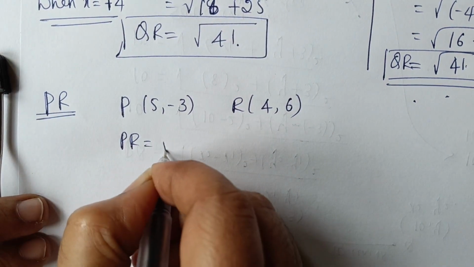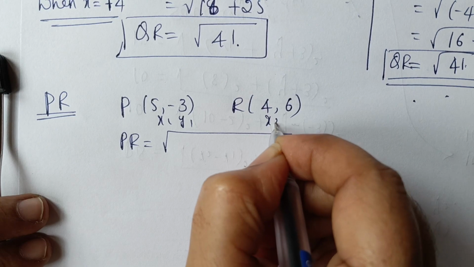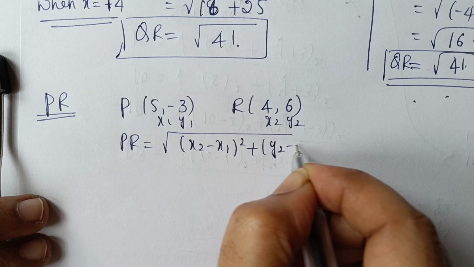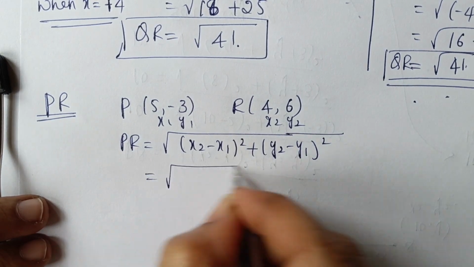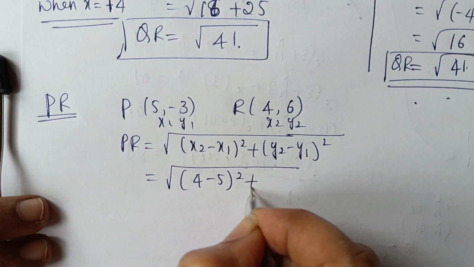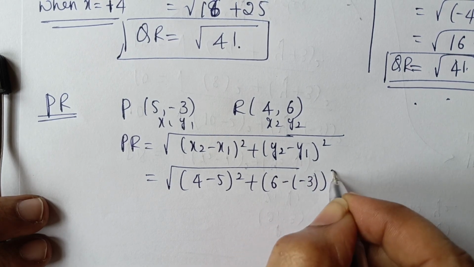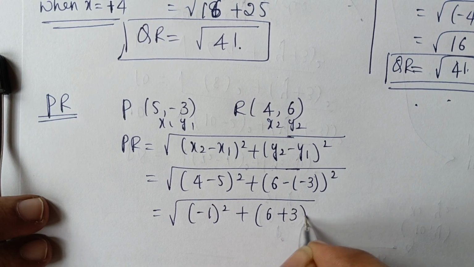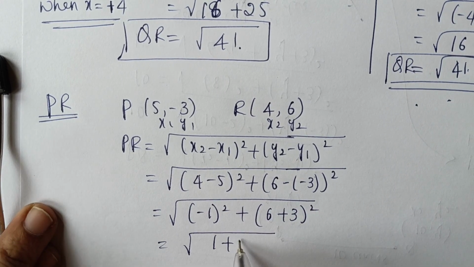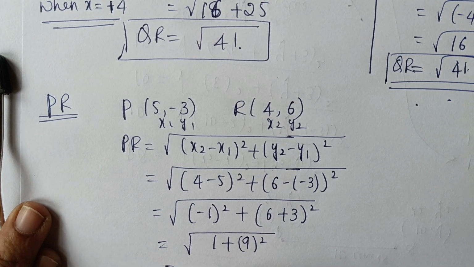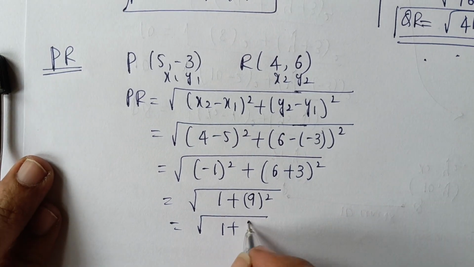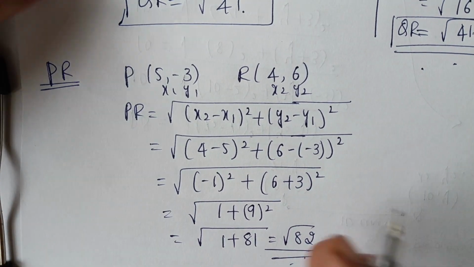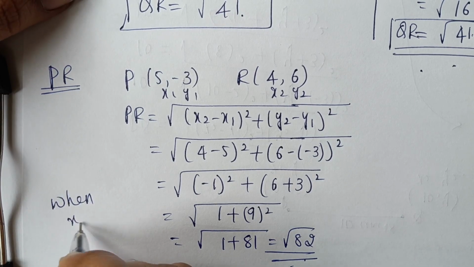Then PR is equal to square root of, x1 y1, x2 y2, that is (x2 minus x1) whole square plus (y2 minus y1) whole square, that is (4 minus 5) whole square plus (6 minus of minus 3) whole square. Then square root of (minus 1) square plus (6 plus 3) whole square, so 1 plus 9 square, that is 1 plus 81, square root of 82. Okay, so this is when x is equal to 4.